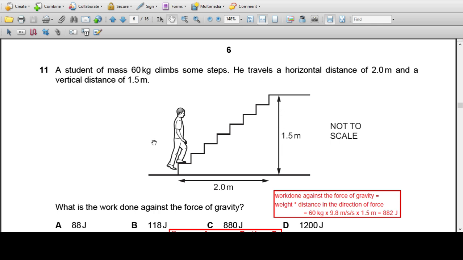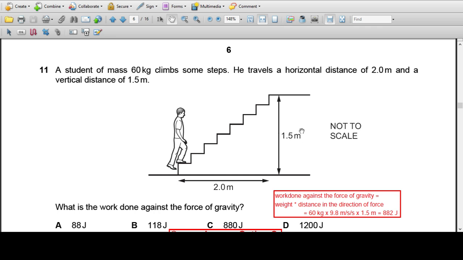Force of gravity acts downward. So any force that moves against the gravity force is the work done against the gravity force. So here, this is the change in height from this level to this level.